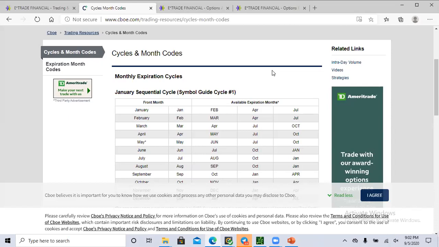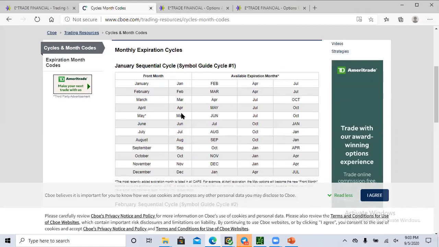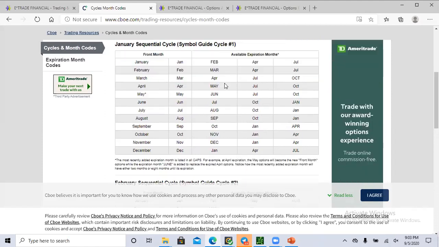So one cycle uses the first month of the quarter, the next cycle uses the second month, the final cycle uses like the last month of the quarter. But I believe the new expiration dates come out once you get to the end of your initial cycle.